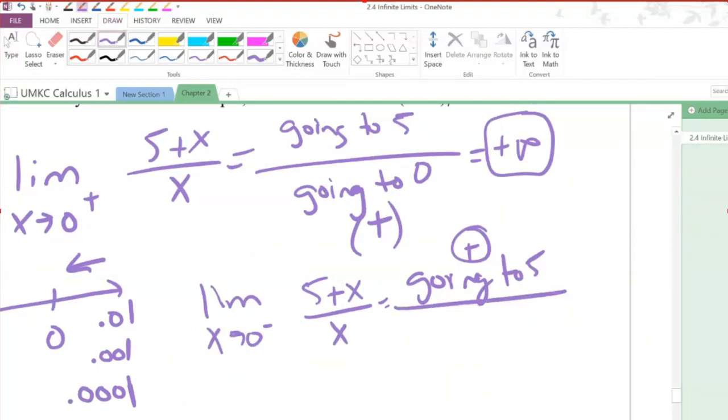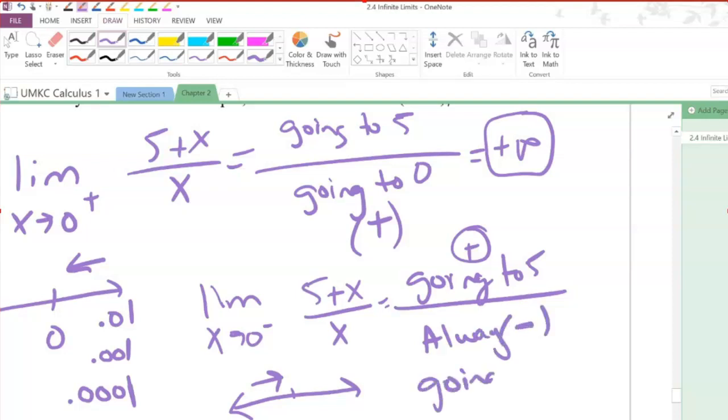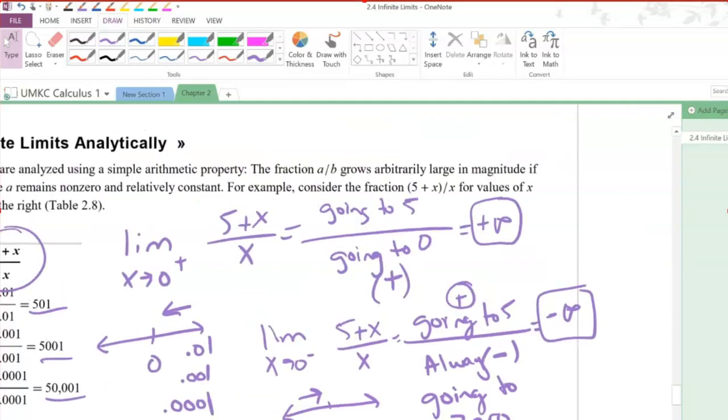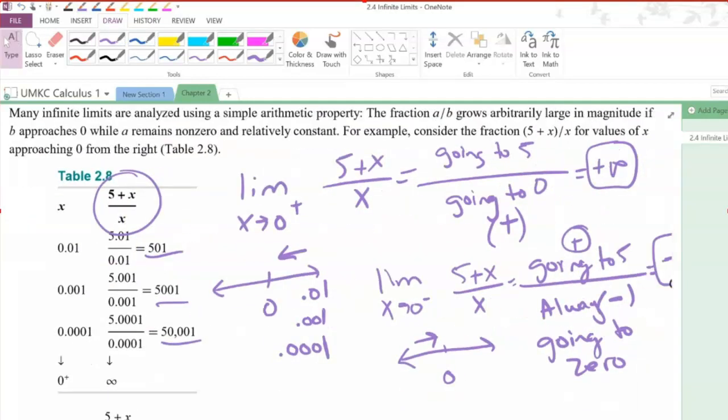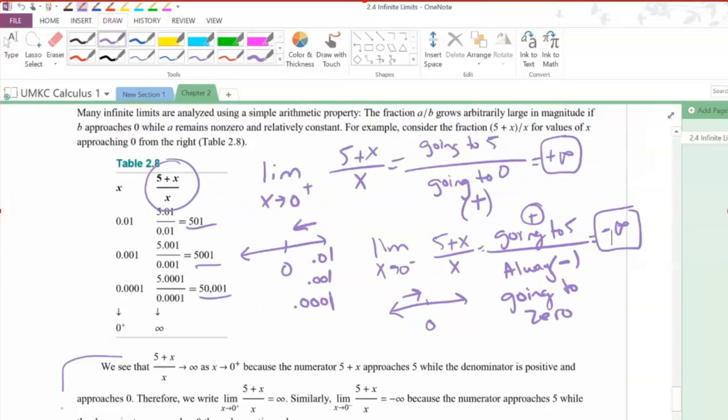And then here, if I look at that number line, I'm on the left side of 0. So this is going to 0, but it's always negative. So always negative, but going to 0. So that's going to go to minus infinity. And if I was to graph that, you could verify that's what's going on. And this is what they're saying here. If you read this in your book, you can see what's going on.